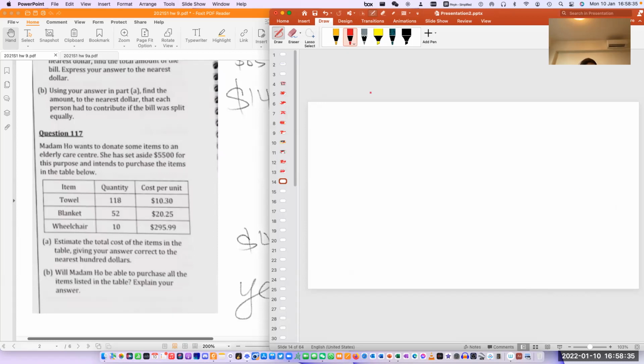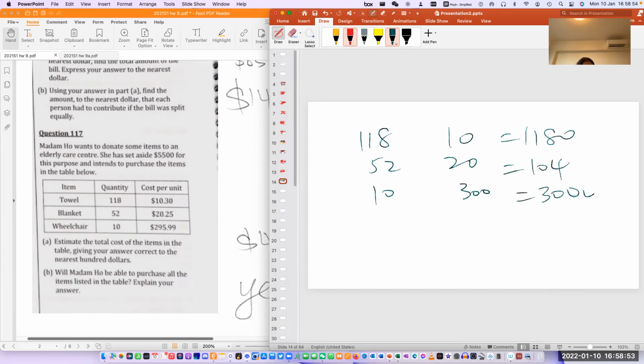The way I quickly estimate is: 118, I will pick 10, 52. I will pick 20, 10. I will pick 200. So this will be 1180. This will be 104. Then the total cost, you just add up.